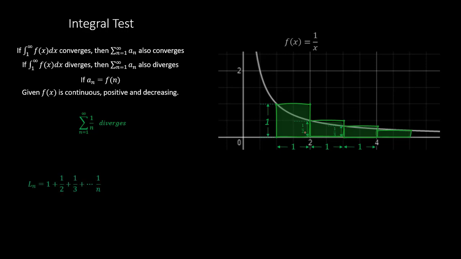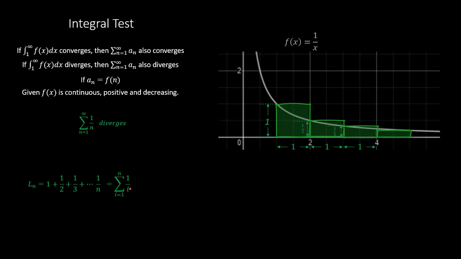And we could say it's going to be equal to 1 for the area of our first rectangle, plus 1/2 the area of our second rectangle, plus 1/3 the area of our third rectangle. And of course we could just go on and on. Since this is a basic series, we could of course write this in series notation. So we could call that the sum from i equals 1 to n of 1 over i.